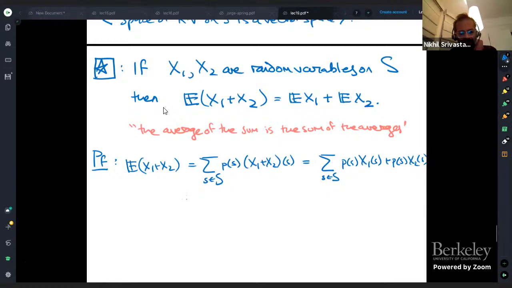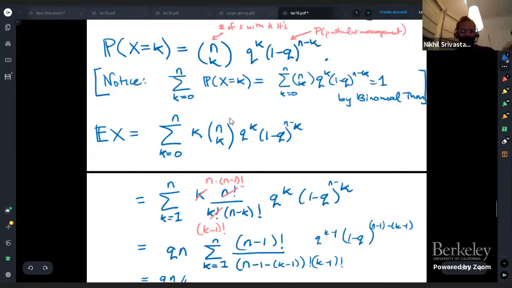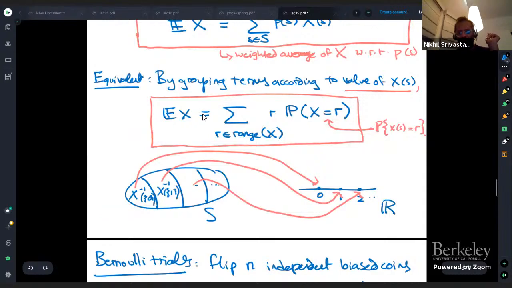You just get two sums, and that's the sum of the expectations. Okay, so it's very easy to prove with the first definition. Not so easy to prove using the second one. I mean, it's not hard, but it's a little more annoying.